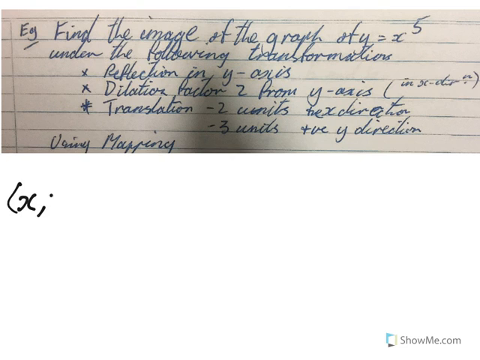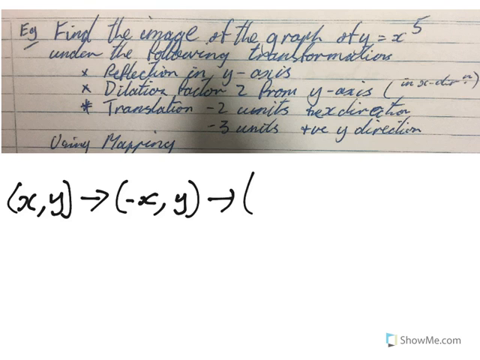So this is what happens to x and y. Start with them, and then we reflect in the y-axis. If we reflect in the y-axis, the x changes to negative. Then after that, a dilation of factor 2 from the y-axis. From the y-axis, that's the x that changes.